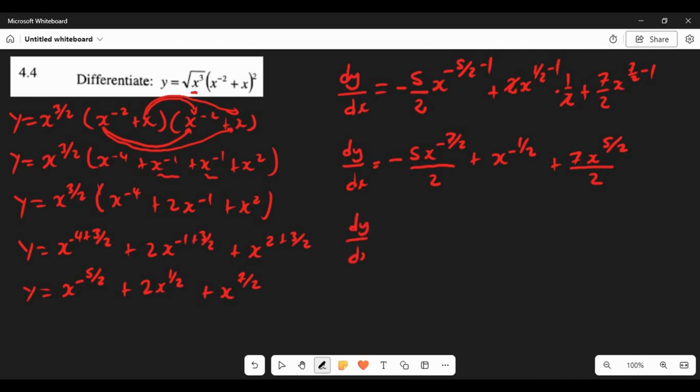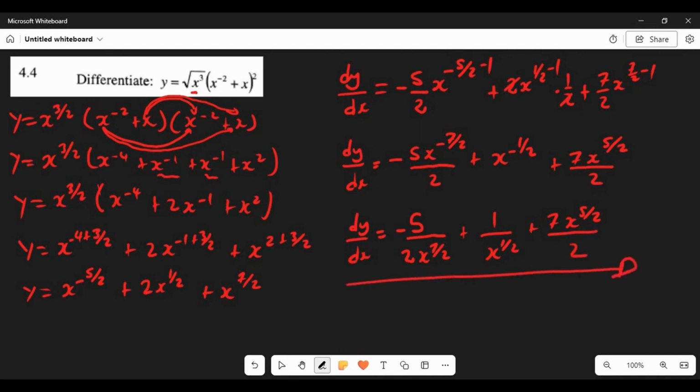So to make this one simpler, let's leave our exponent in a positive sign. So we have negative 5 over 2, and then we can say x to the power of 7 over 2, plus we can say 1 over x to the power of half, plus this one is fine, it's going to be 7 x to the power of 5 over 2 over 2.